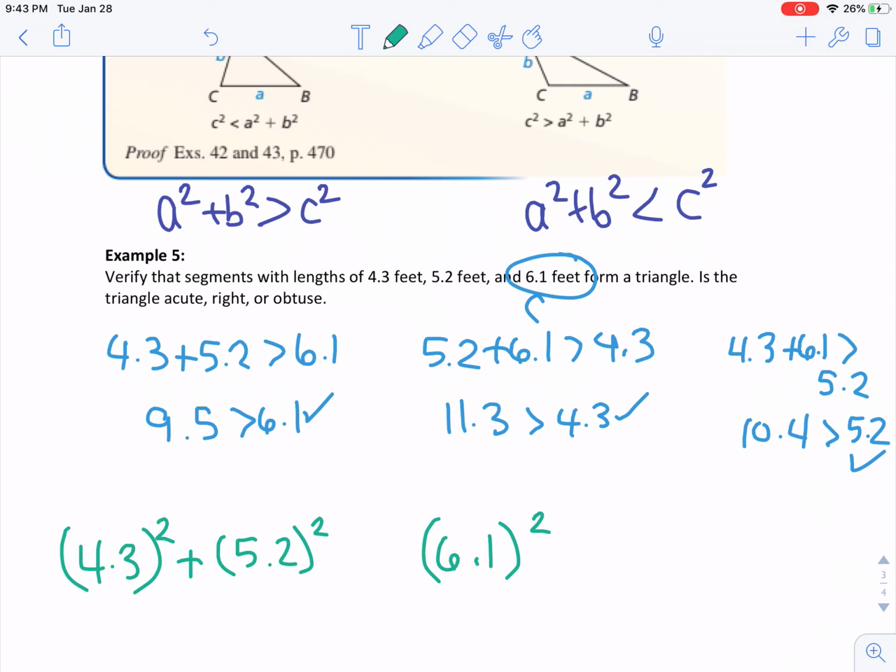So if I type that in my calculator, 4.3 squared is 18.49. And 5.2 squared is 27.04. And 6.1 squared is 37.21.